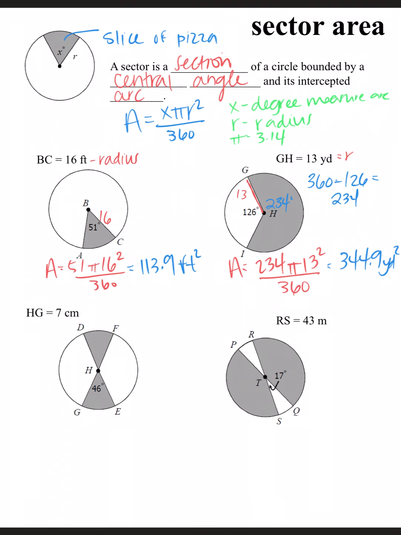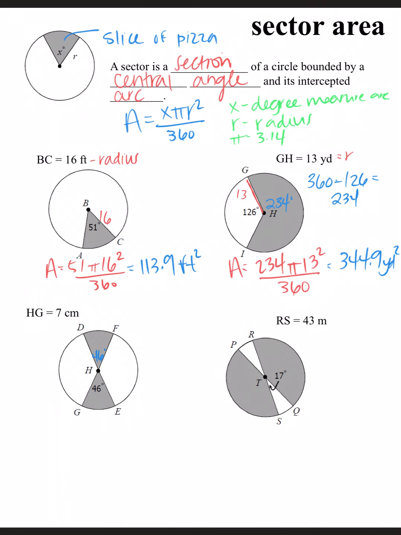Okay, another variation you might see is you want to find the area of the shaded parts. So we need to find the area of both of these sectors. And since we've got two diameters and we've got 46 here, we know that these are vertical angles, and that is 46.